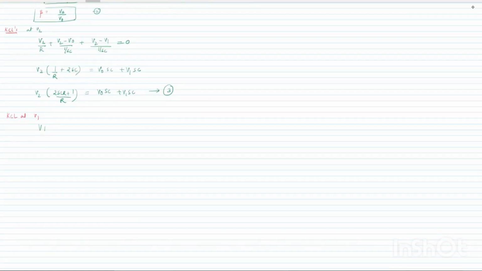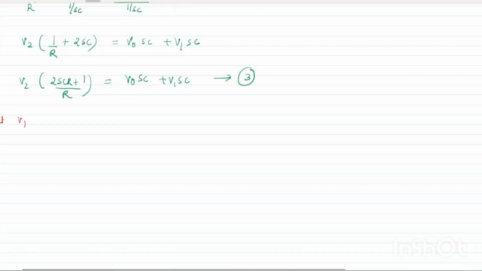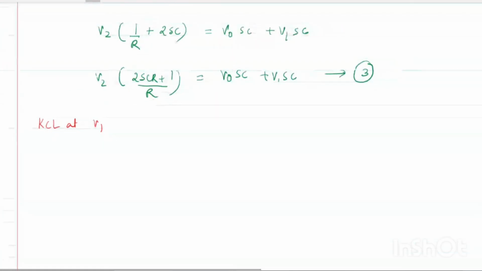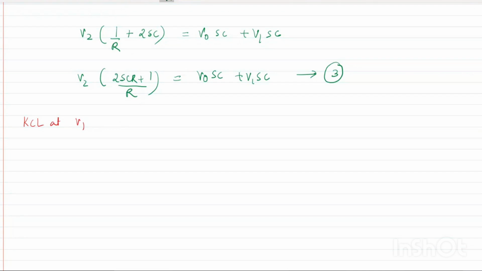You have the diagram with you, so just see your diagram. V1 minus V2 into SC, plus V1 by R plus V1 minus VB into SC.